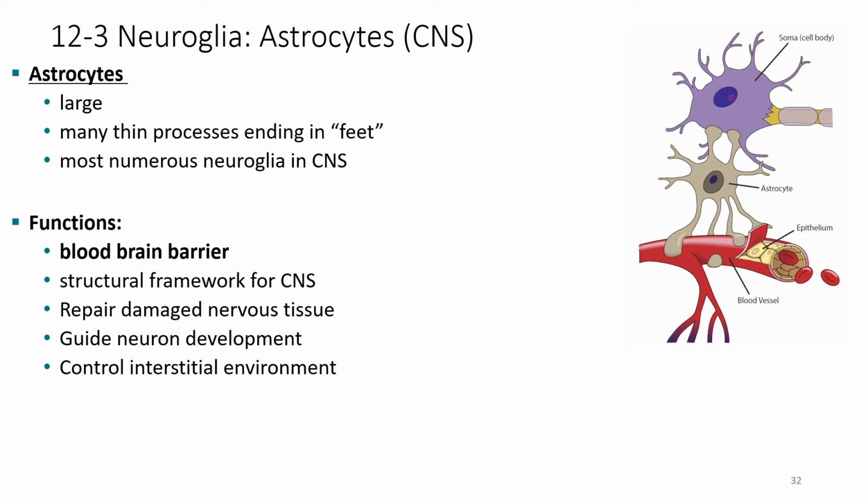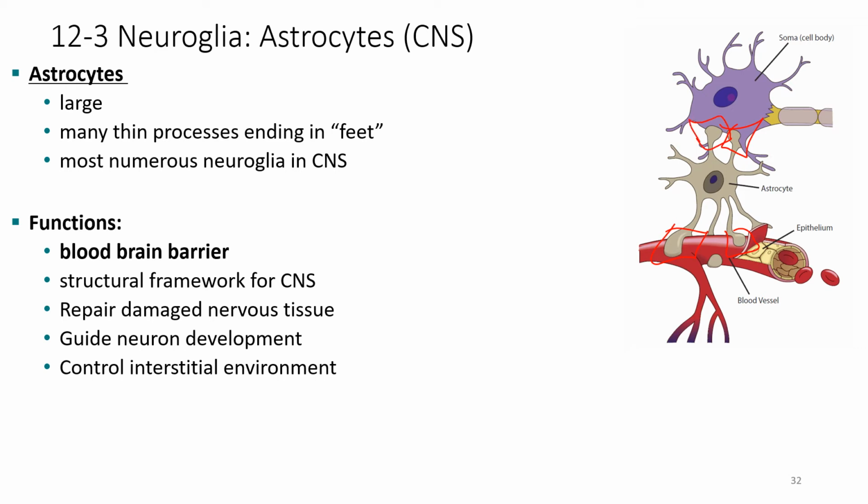So in this image here, this guy is our astrocyte. So he's got this big cell body and lots of processes coming off to make him star-shaped, I guess, if you use your imagination. And then his little processes end in these little feet that you can see here.